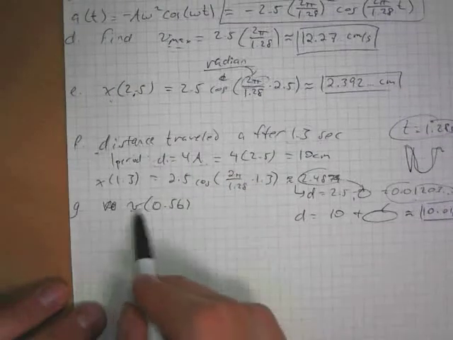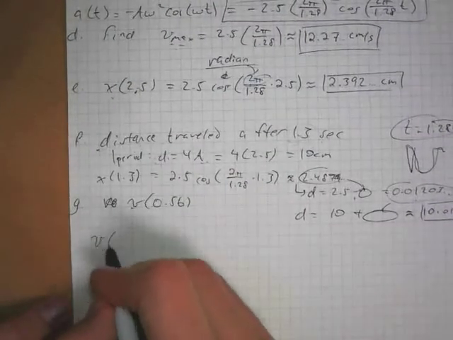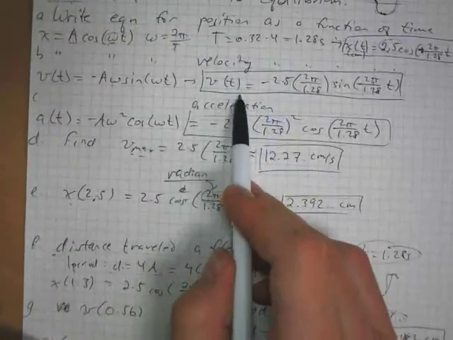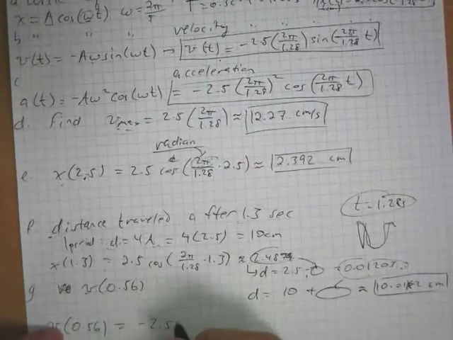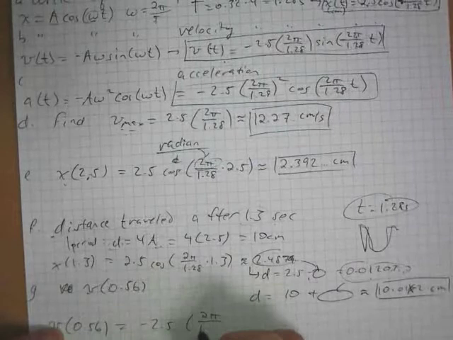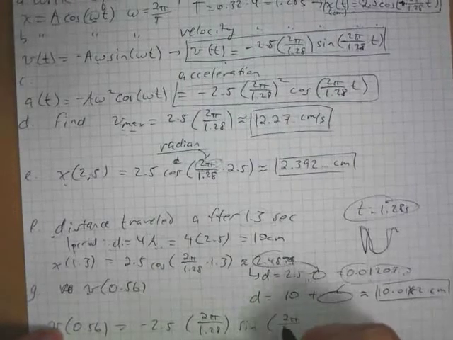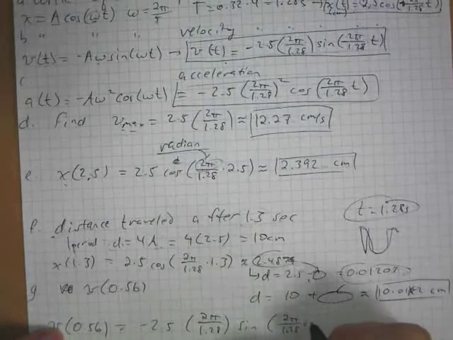And this is just a straightforward velocity. At 0.56 just means we plug 0.56 into our velocity equation: minus 2.5 times 2 pi over 1.28 times sine of 2 pi over 1.28 times 0.56.